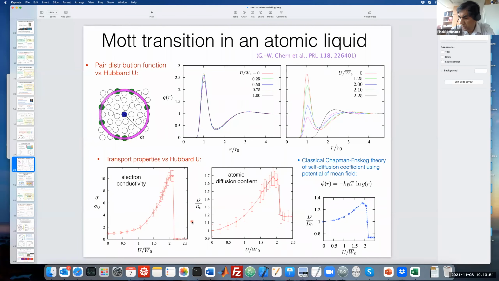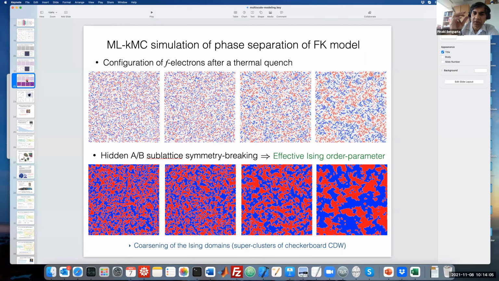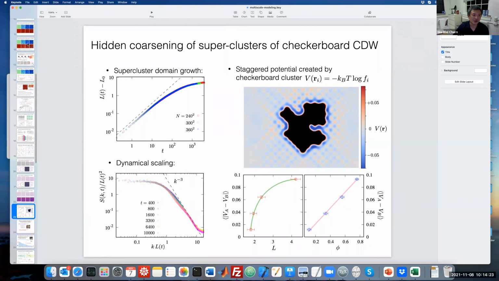I had one more question about this. You showed this hidden sublattice symmetry breaking. Is it there, or maybe even before that, where you have single sites with a single hole as ferromagnetic clusters? Oh, you mean the double exchange model?